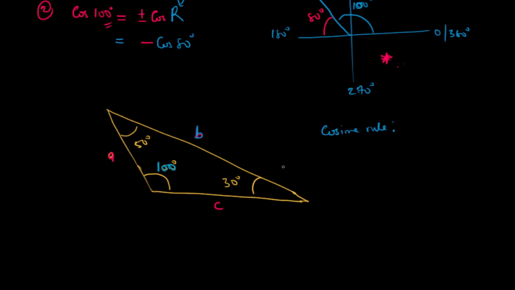The cosine rule says that the square of the side facing the angle, that is b squared, equals the squares of the other two sides, as if you're doing the Pythagorean theorem, a squared plus c squared, then negative 2ac cosine of the angle you have here, cosine of 100 degrees. So b squared equals a squared plus c squared, negative 2ac cosine of 100 degrees.